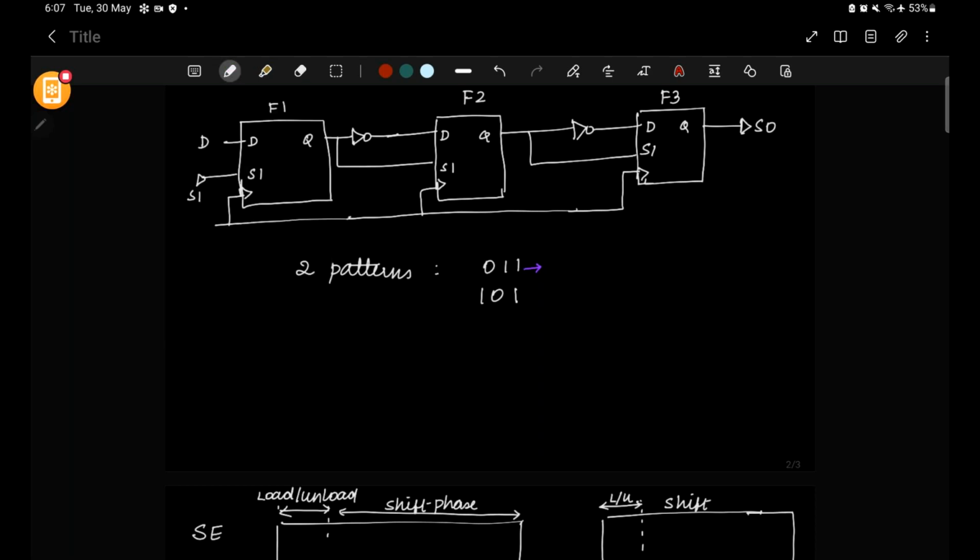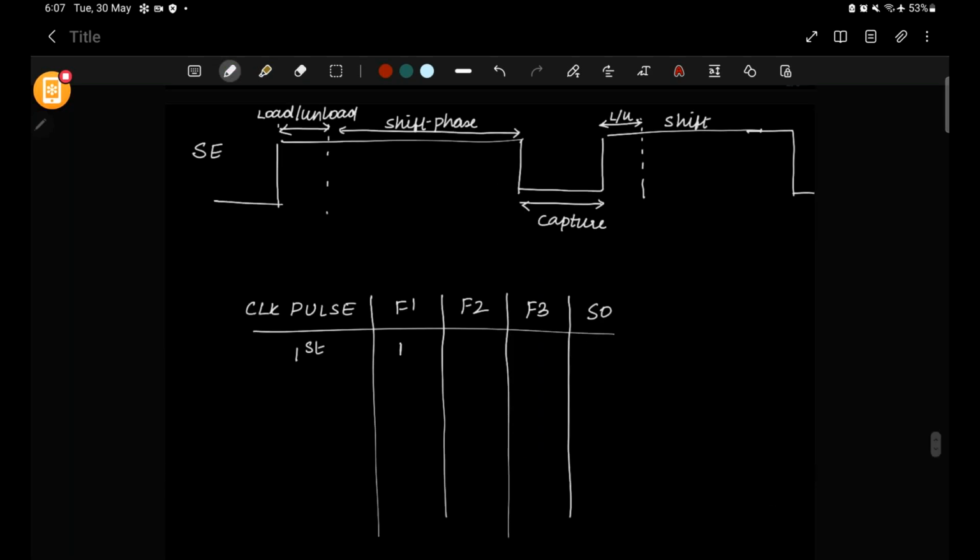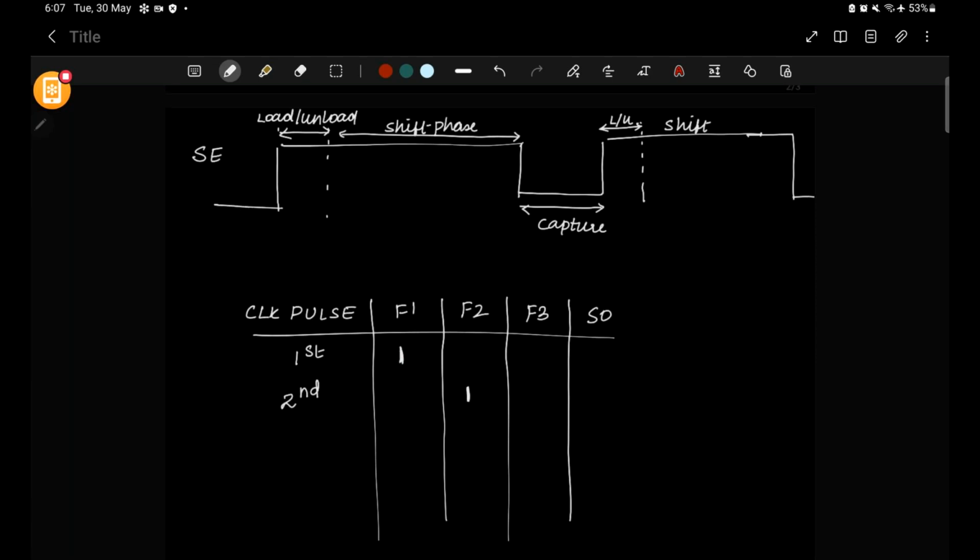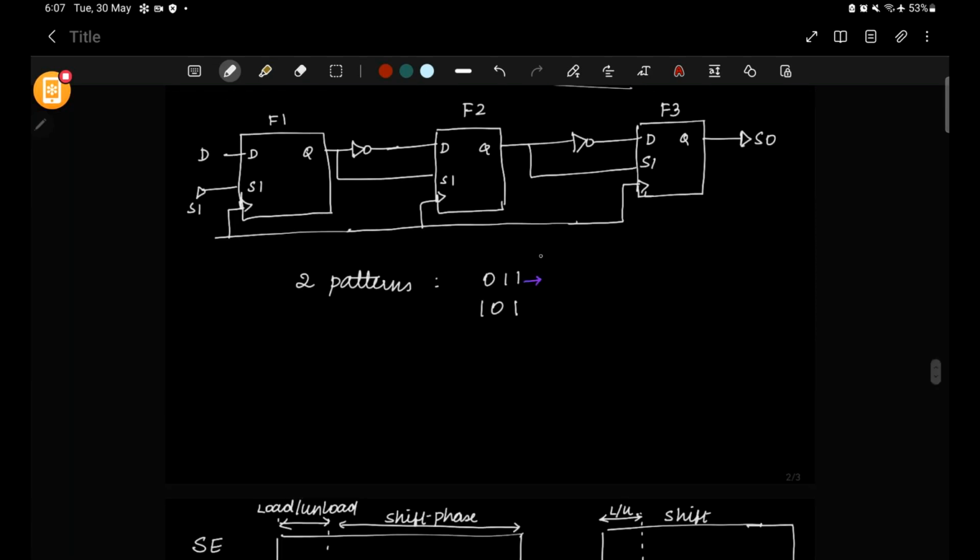So flip-flop 1 will be having 1. During the second pulse, this value would have got shifted here, and the second bit of the pattern will go into flip-flop 1.